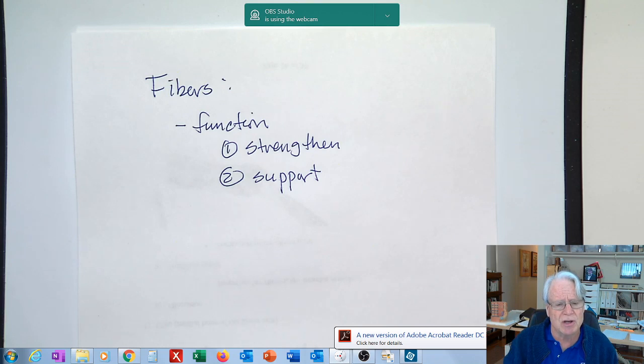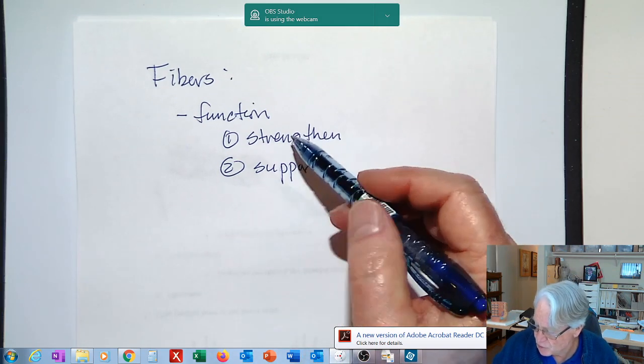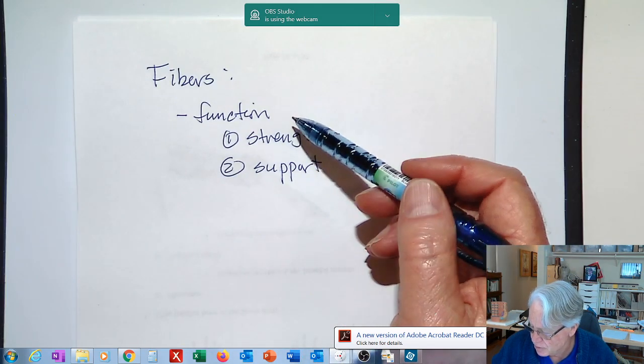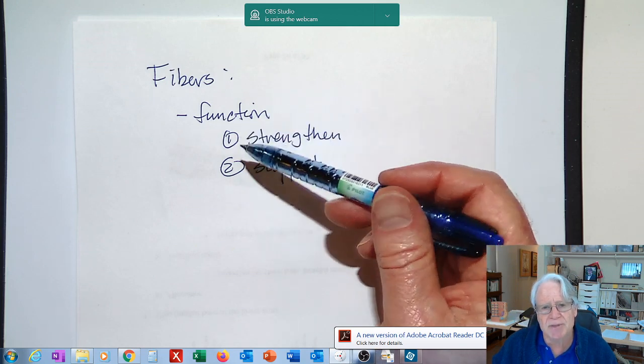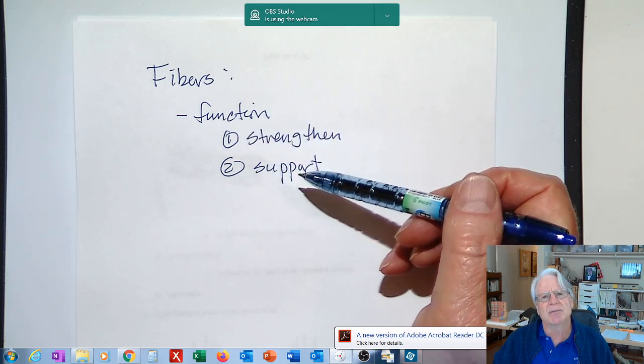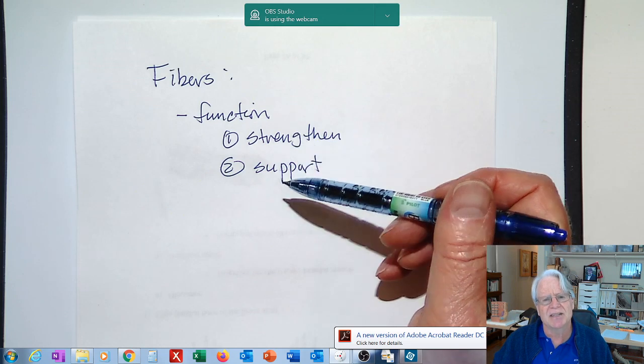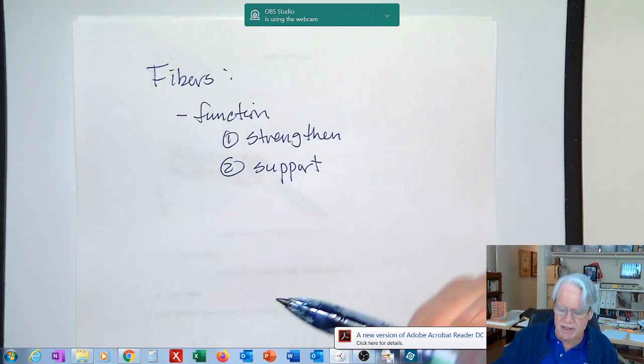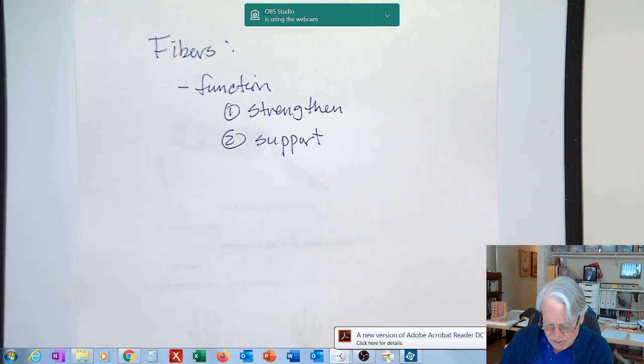So it's very strong but brittle. The steel bars keep it from fracturing and being so brittle. The same is true in connective tissue. So you have the ground substance, and then that ground substance is strengthened by these fibers. And the fibers impart a number of different functions, as we'll see.